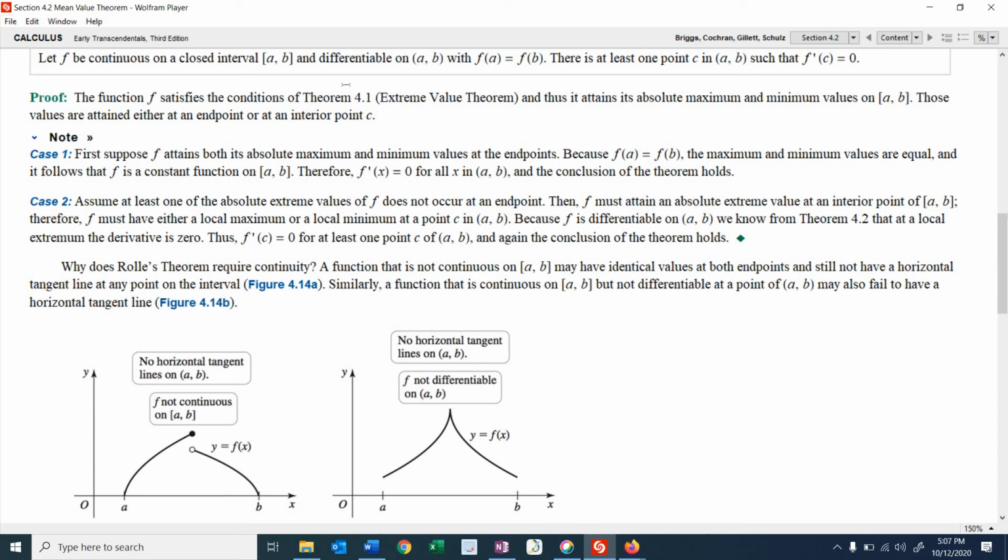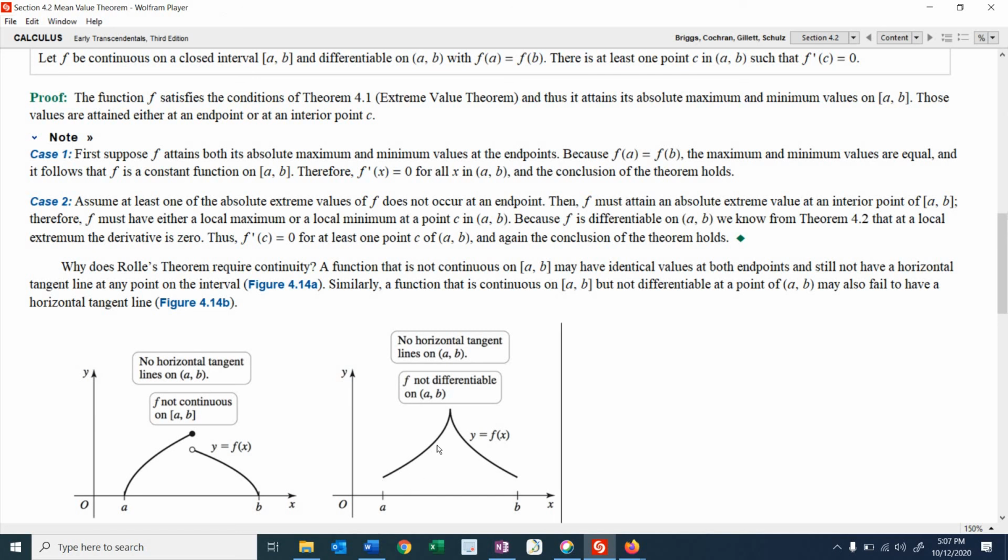Why do we need differentiability? That's another condition that this theorem has. f must be differentiable on the open interval from a to b. So let's suppose there's some point where it's not differentiable in between a and b. So right here. You can see that's not differentiable because it comes to a sharp point. Well, you can see that there's no point in between a and b where the derivative is 0.